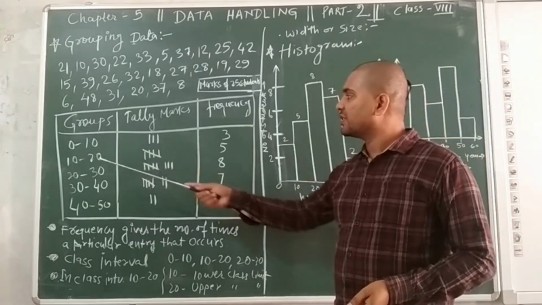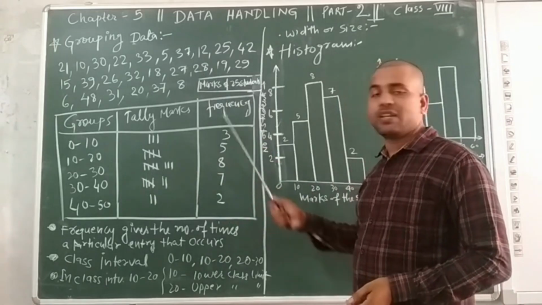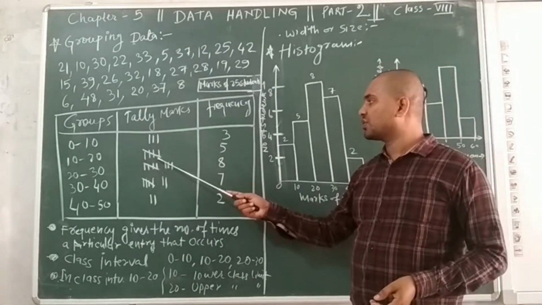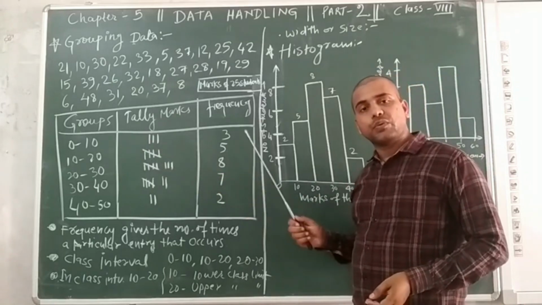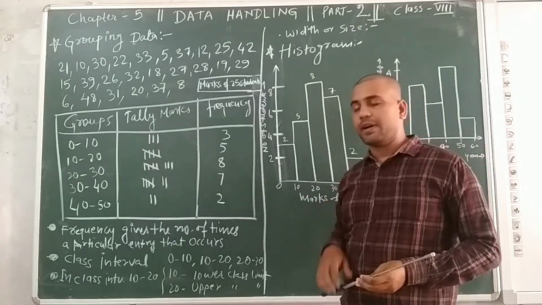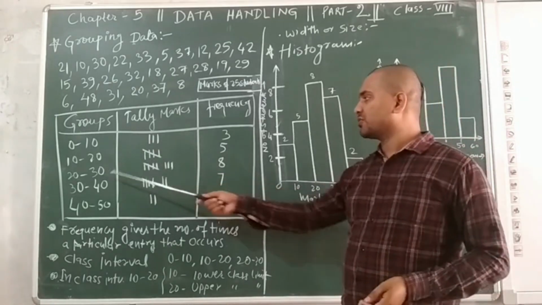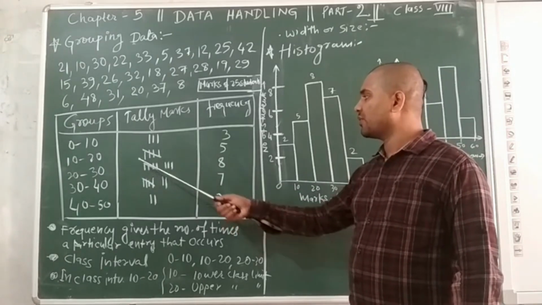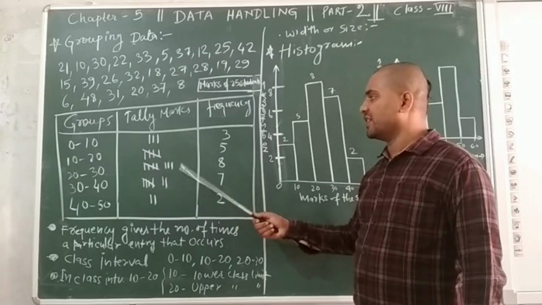Similarly for 10 to 20 we count and get 5: 1, 2, 3, 4 and 1 cross, which makes 5. For 20 to 30 we have 8: 1, 2, 3, 4 cross 5 and 6, 7, 8.